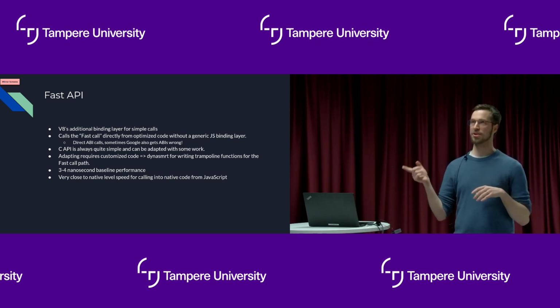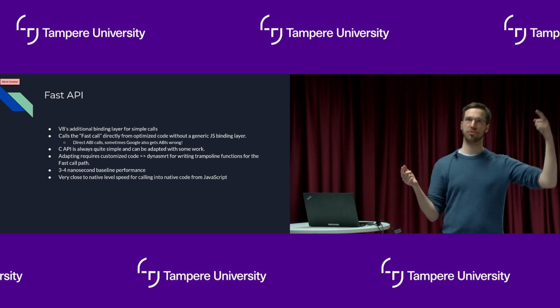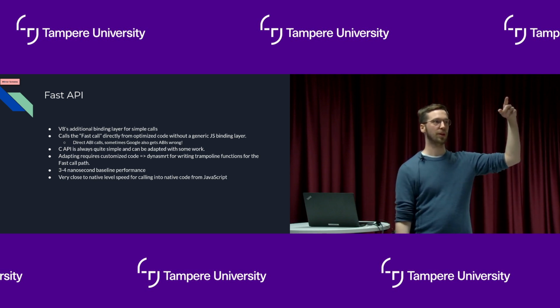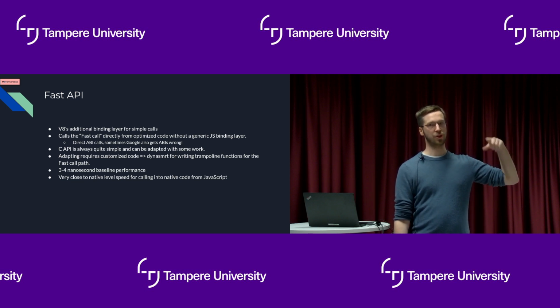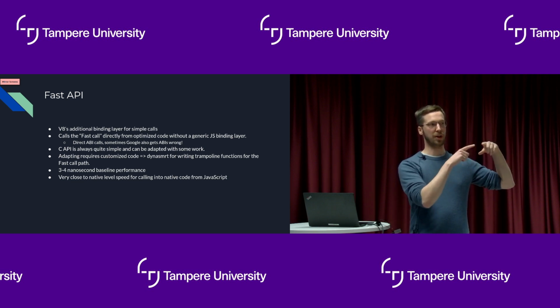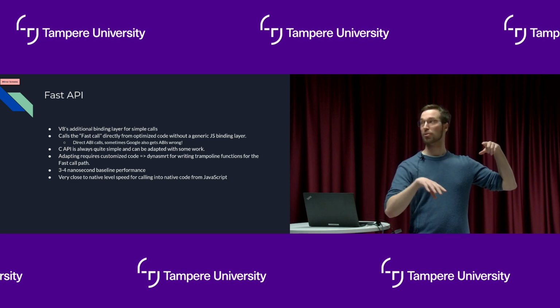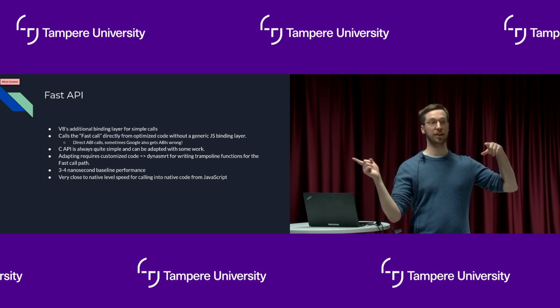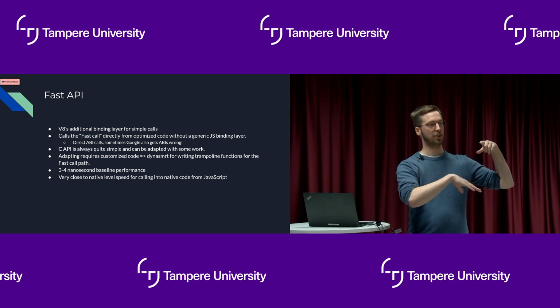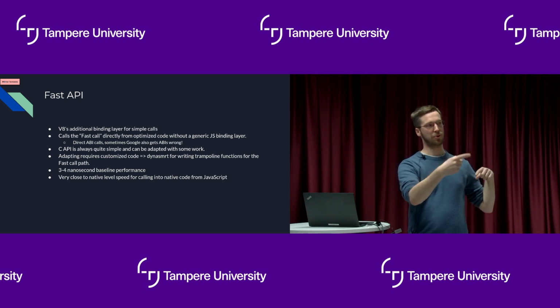And with this, we get to a situation where JavaScript code gets compiled down to essentially assembly. That jumps to our fast API call, which we've written using Dynasm RT as assembly. That then jumps to the actual C API call.